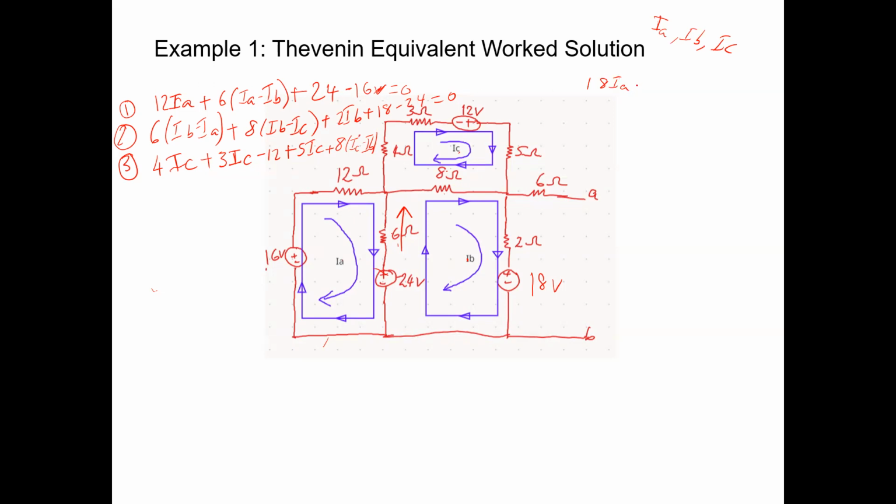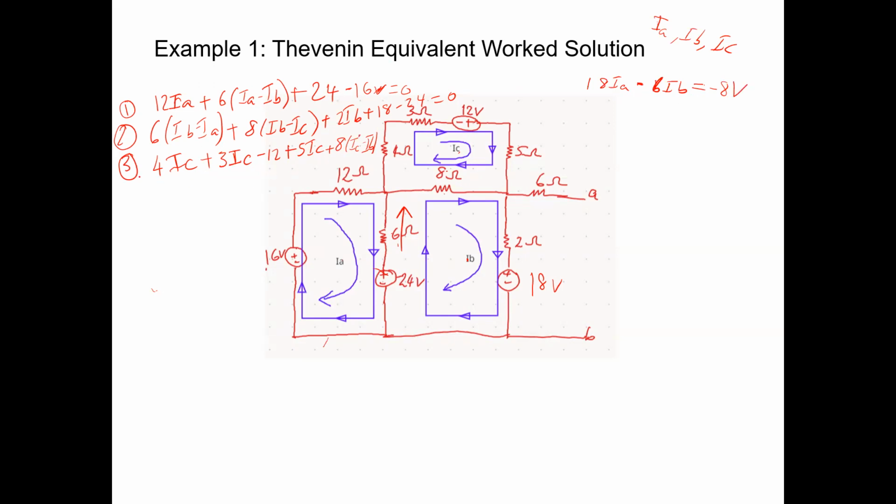I don't have any IC. So 24 minus 16, which is 8. Then I can take that to the other side, so it will be minus 8 volt, because if I bring 8 into that side, it is minus 8 volt.